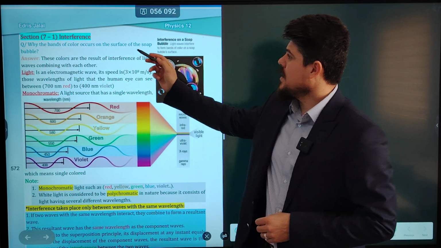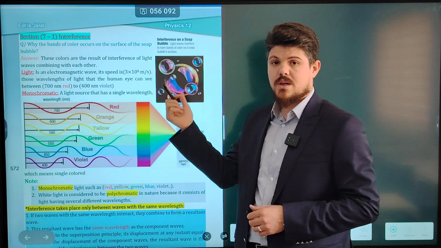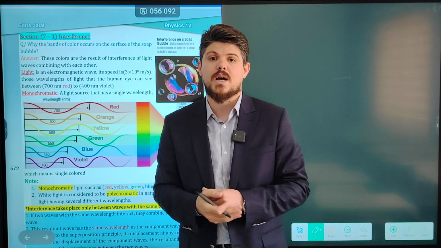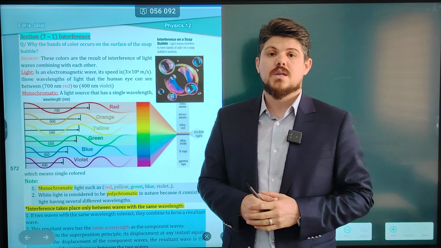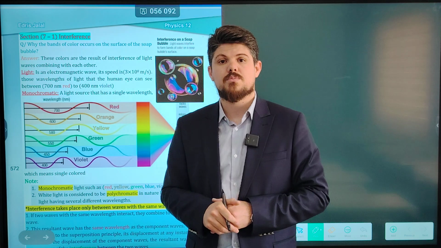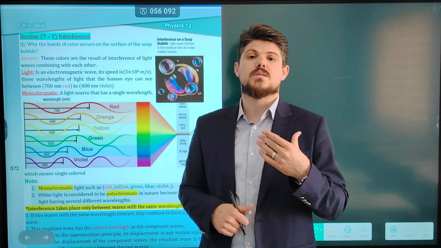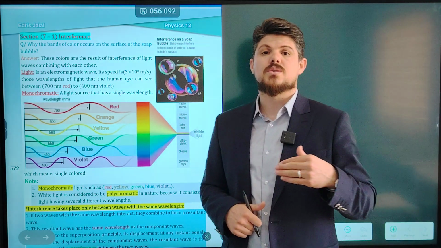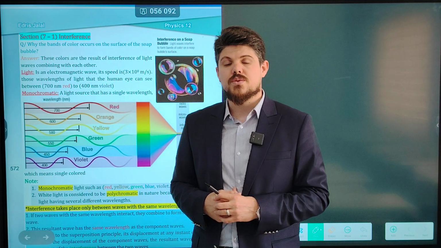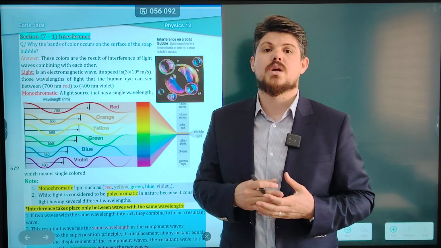Guys, we start with the question: why do the bands of color, the spectrum of color, occur on the surface of a soap bubble? When washing your hands, you observe the spectrum and bands of color on the soap, because the white light source contains seven different wavelengths, seven colors. Each color interferes at a specific interference, so they produce red, orange, blue, green, indigo.